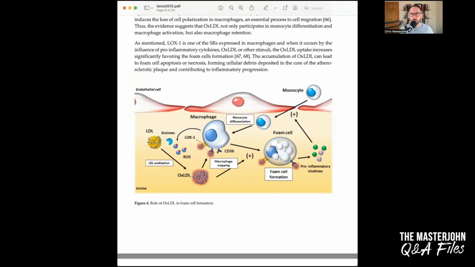And they turn into these foam cells, which is basically like, I'm just going to be a giant warehouse for all this gunk. Okay, now that's the process as we know it now.